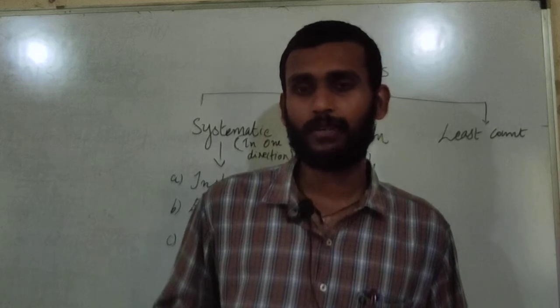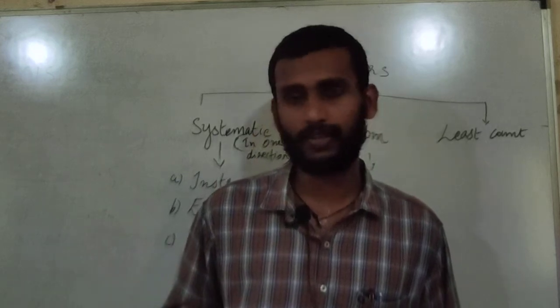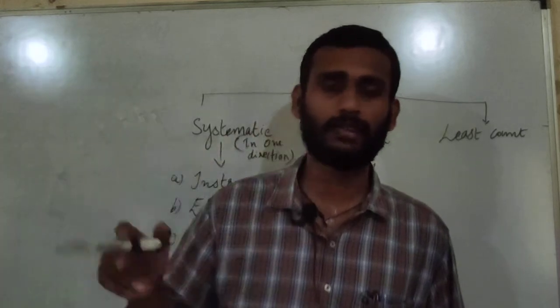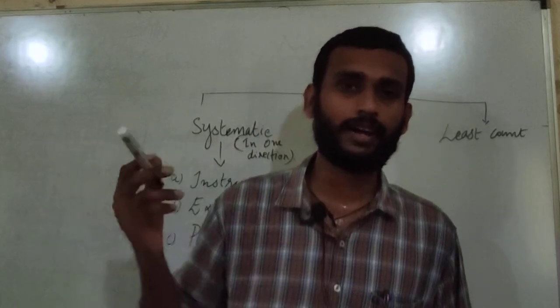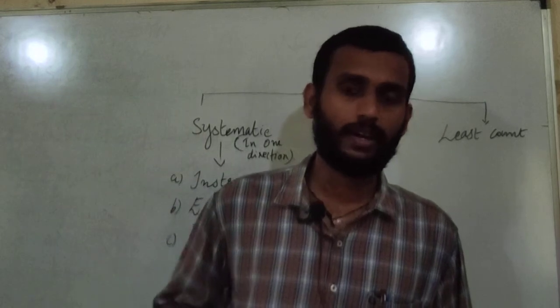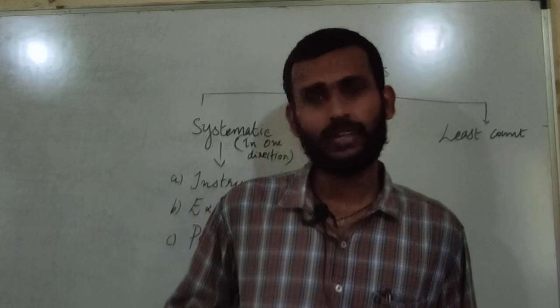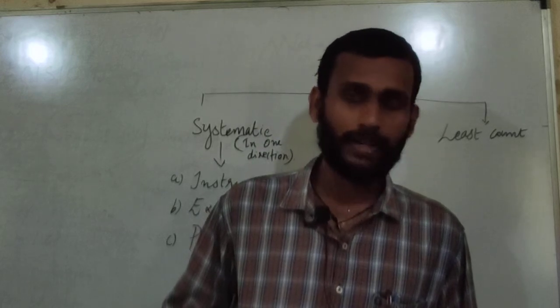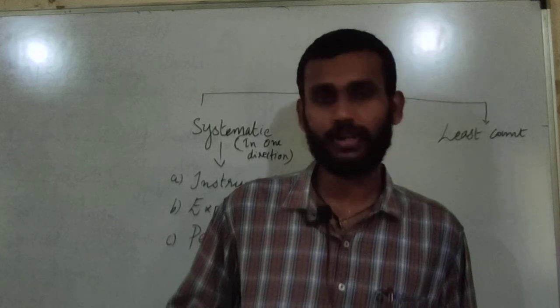So the place where we are doing the experiment, the surroundings which affect the measurement, such errors are known as imperfection in experimental technique or procedure errors.